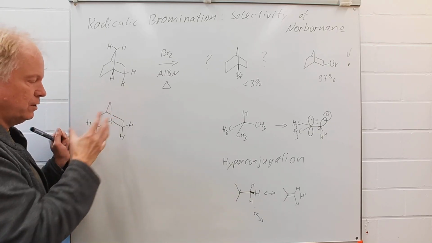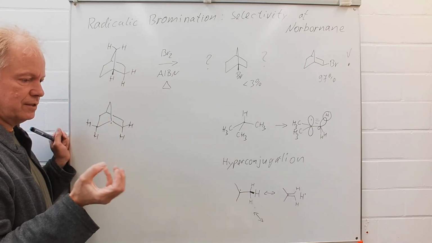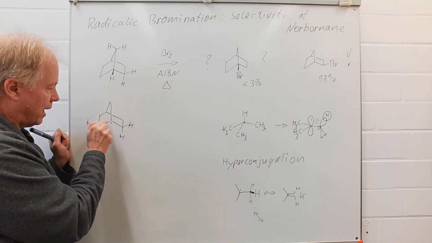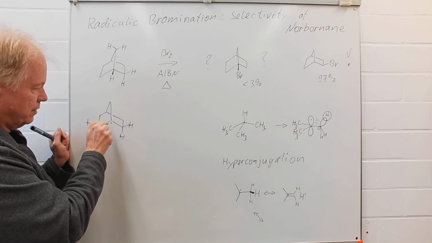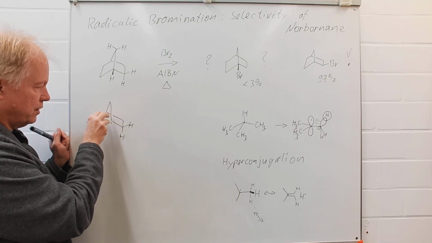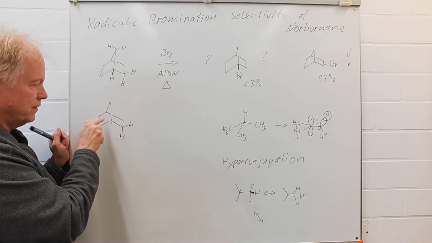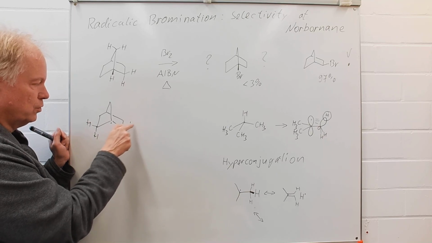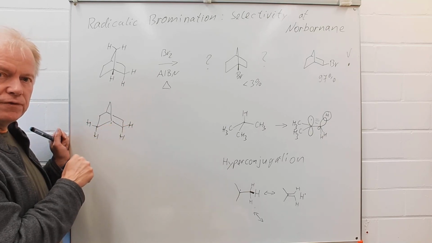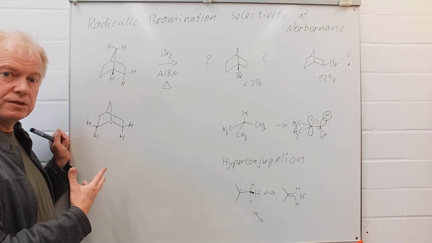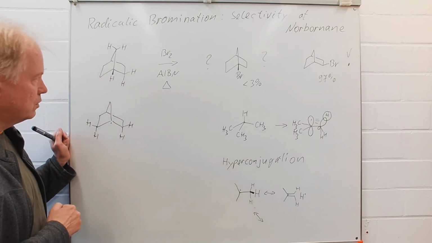And as we see, it's not a p orbital, it's still, as I said, an sp3 hybridized center. The orbital with a radical electron is still here in front, and this is almost perpendicular to those CH bonds there, and therefore no overlap takes place, no hyperconjugation.